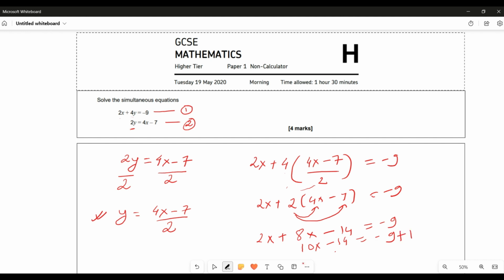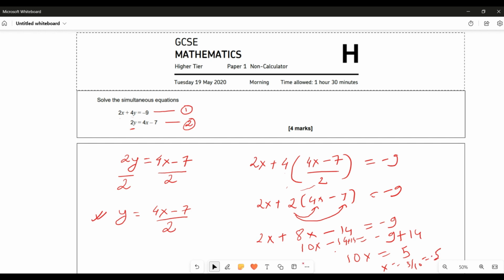The 14 and negative 14 cancel each other out, so you are left with 10x equals negative 9 plus 14, which is 5. So x will be 5 over 10, which is 0.5.